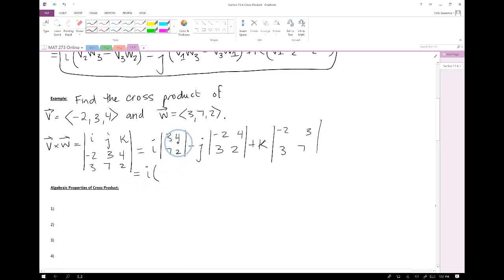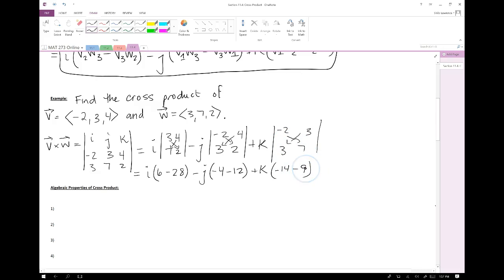So for I, if you do your major diagonal, you get 6. Minor diagonal, you get 28. For J, major diagonal is -4. Minor diagonal is 12. And then for K, major diagonal is -14. Minor diagonal is 9.